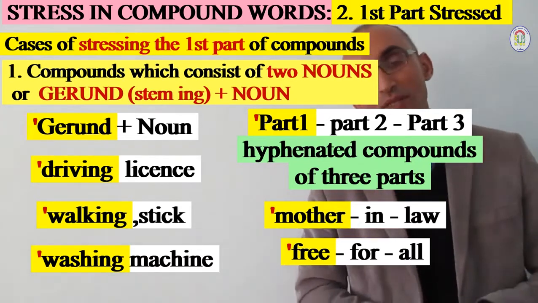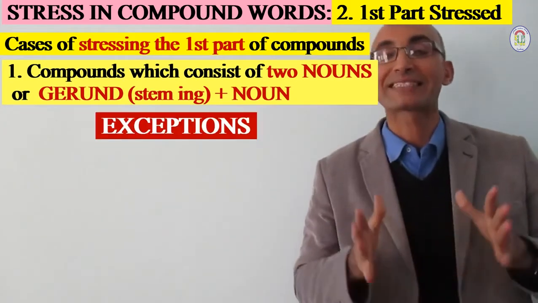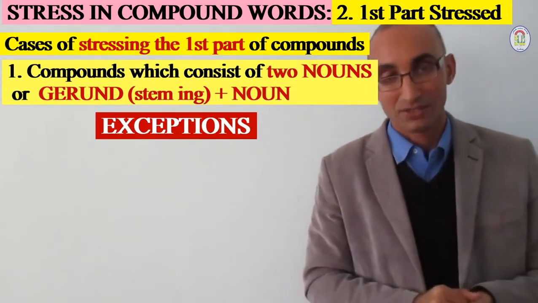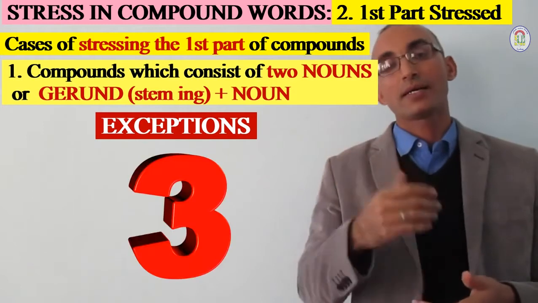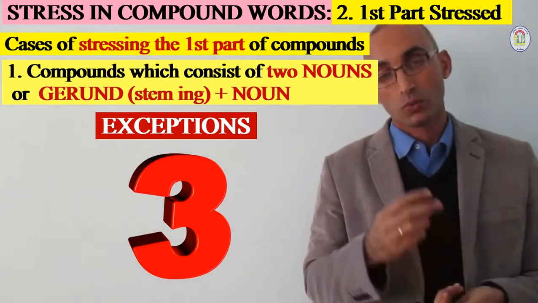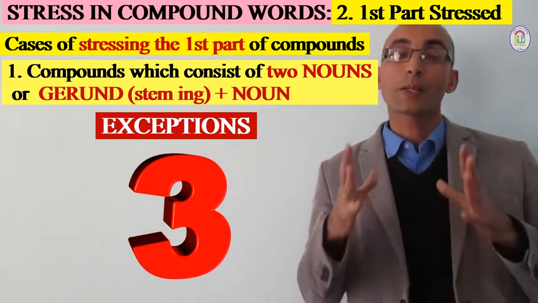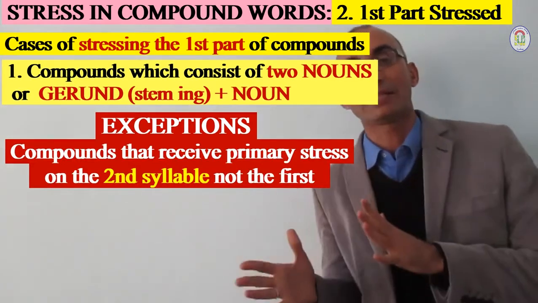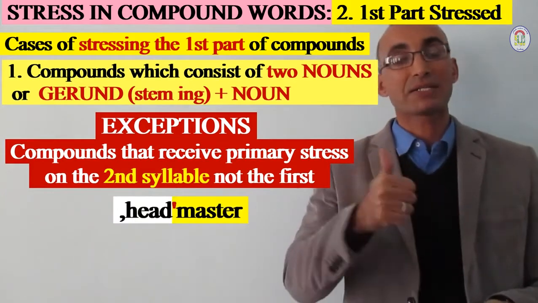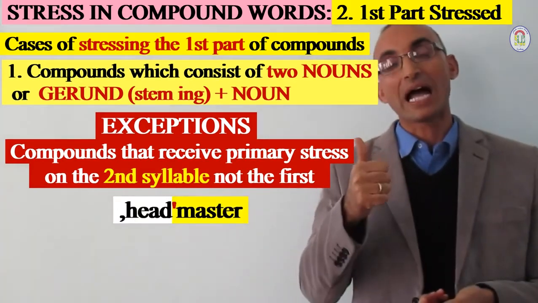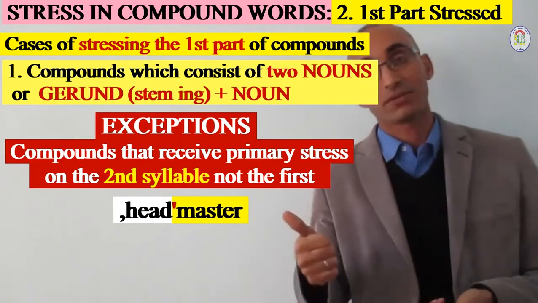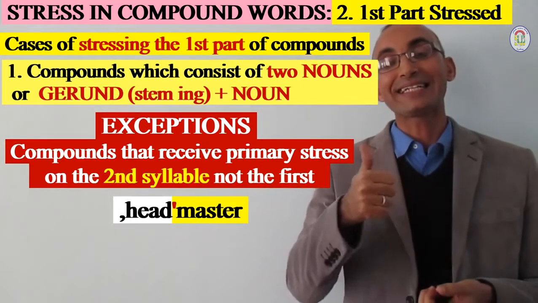But as you know, most rules have exceptions, and so this rule has. We have here three exceptions, mainly, in which the compound nouns receive stress on their second part or element. I have headmaster, so here it is our first exception. Here I should stress master, not head, because it is an exception.